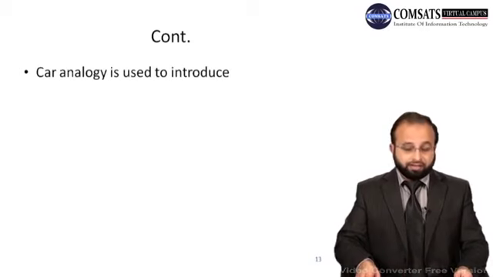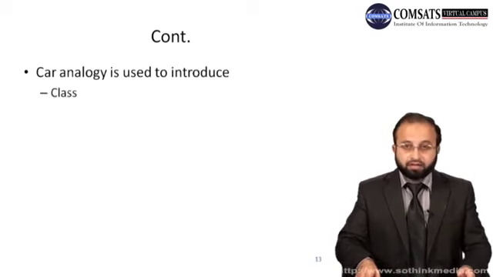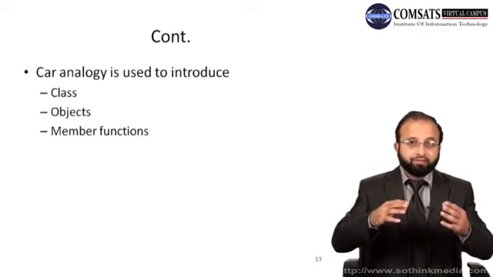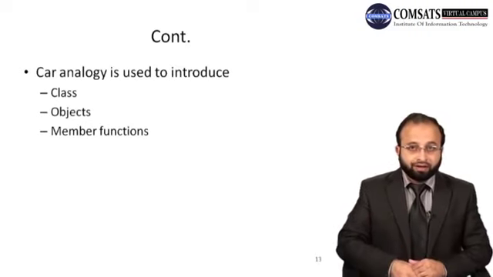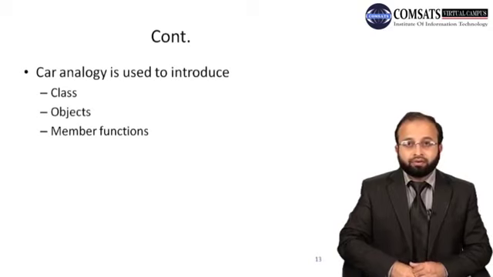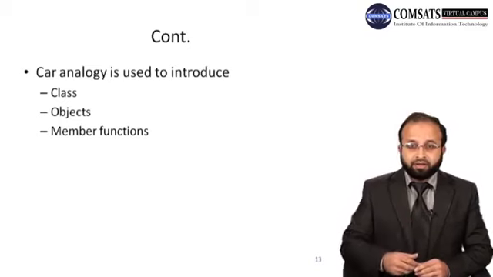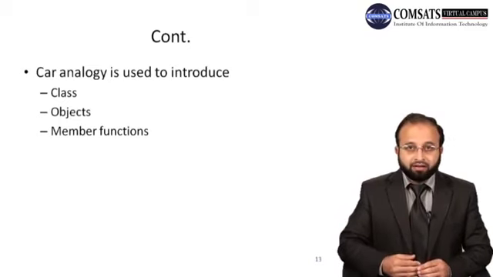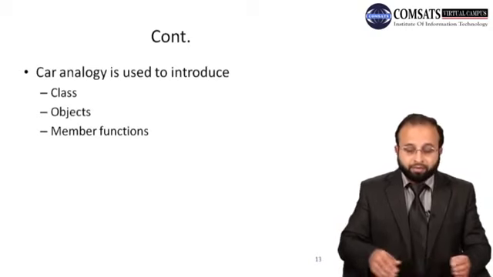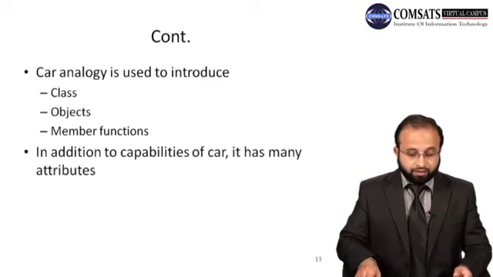Now we can see that a car analogy is used to introduce class, objects, and member functions. In case of a car, what are the member functions? Member functions are pressing the accelerator pedal, the brake pedal, the steering wheel, the transmission shift. These are the member functions of a car.